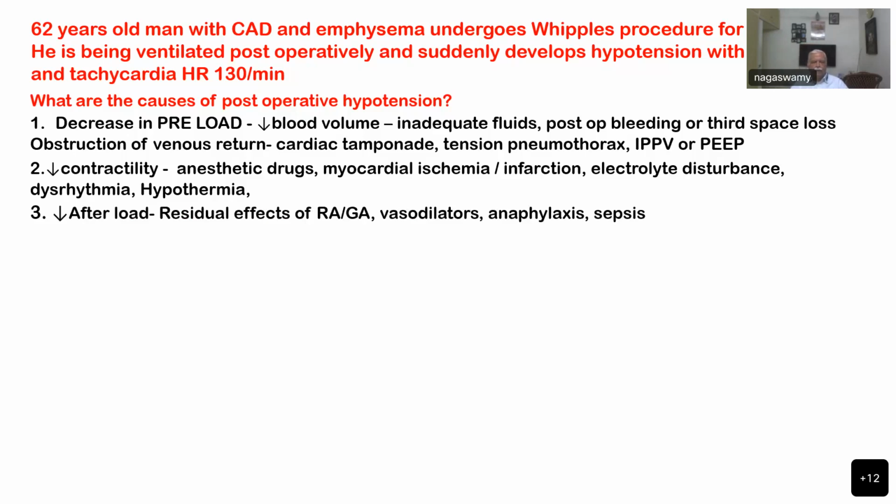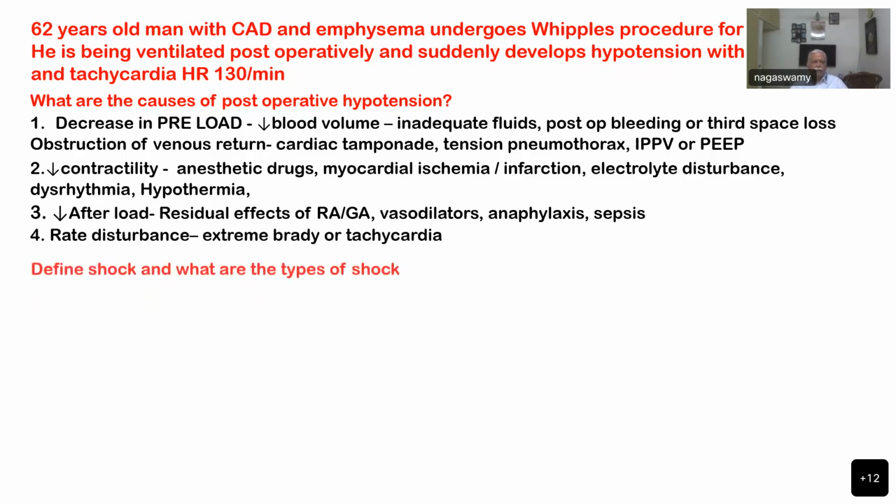You have put in an epidural catheter for pain relief, and somebody, instead of the diluted dose, gives a full dose of local anesthetic, and it produces a high thoracic epidural causing a sudden vasodilatation. Or vasodilators used, or anaphylaxis, sepsis. All these things cause decrease in afterload, which may be the reason for hypotension, or it may be because of rate disturbance, extreme bradycardia or tachycardia. All these things could be the reason.